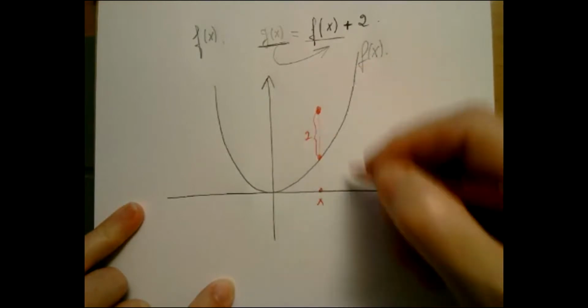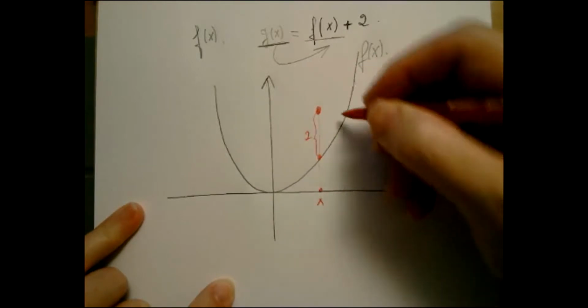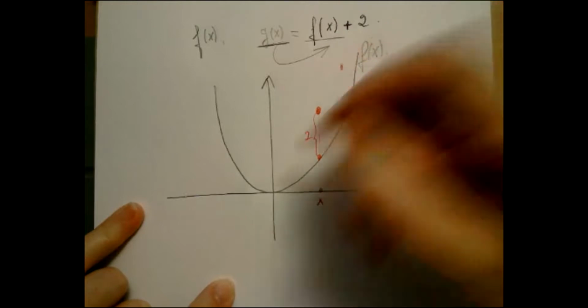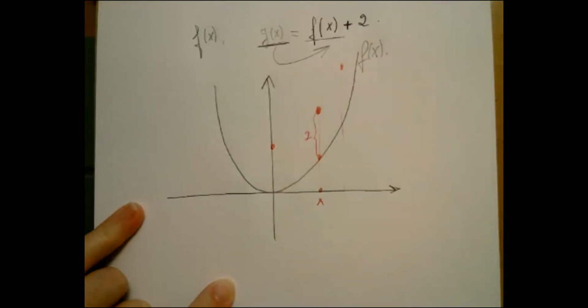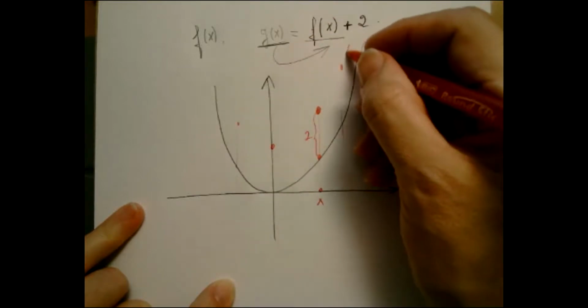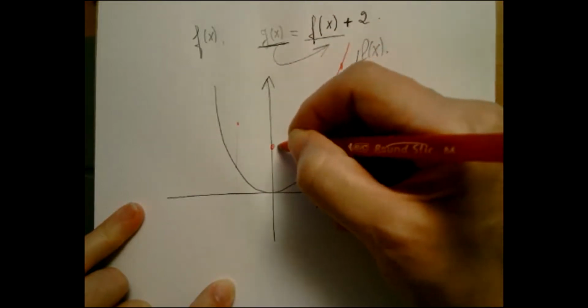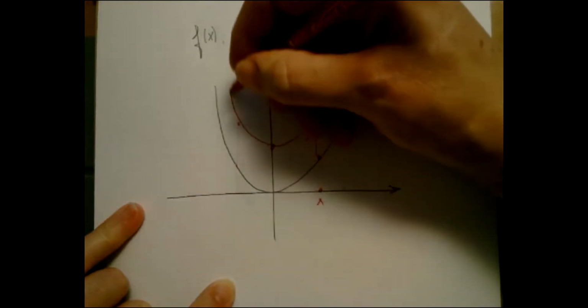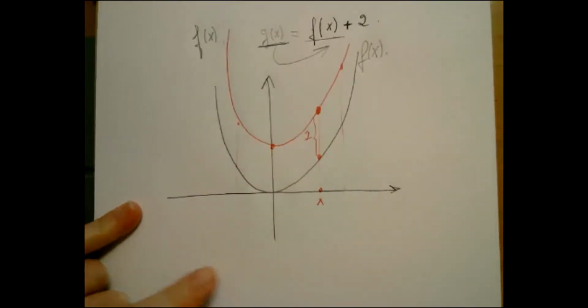So whatever f does, you add 2 units. So the graph of g is nothing more than the graph of f shifted vertically by 2 units. So that's the first transformation we see.